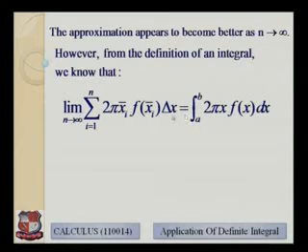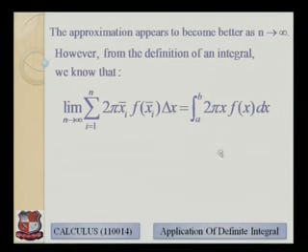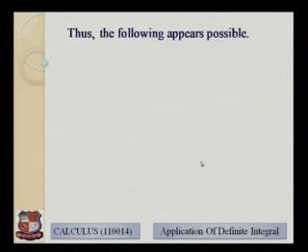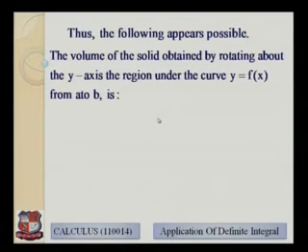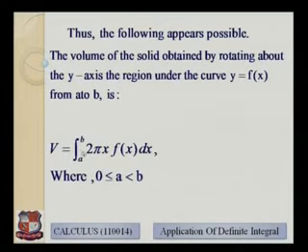It is similar to integration a to b 2 pi x f of x dx, but for easy remembrance, we can remember it as V, because that is nothing but the volume of the solid obtained by rotating about the y axis the region under the curve y is equal to f of x from a to b.